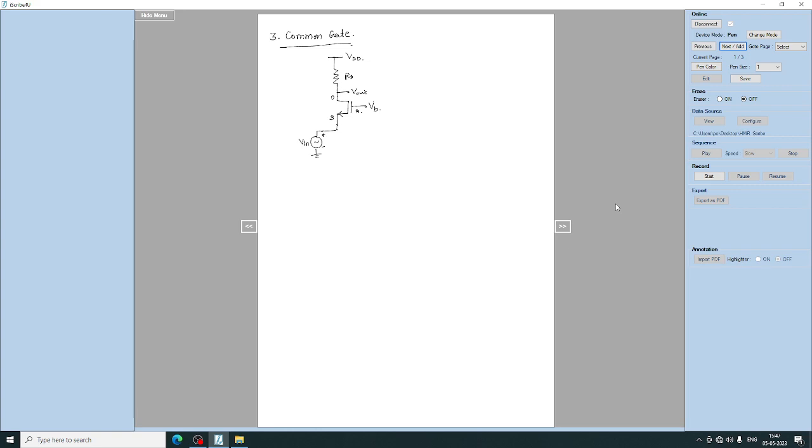So VB, which is a DC bias, is given to this MOSFET to make sure the device is in the saturation region, and for the AC analysis this will be AC ground. Note that the gate is connected to the DC voltage to establish a proper operating condition, and the bias current for M1 flows through the input signal source.